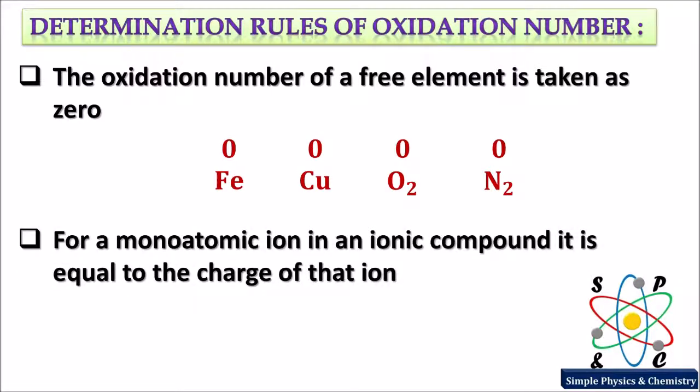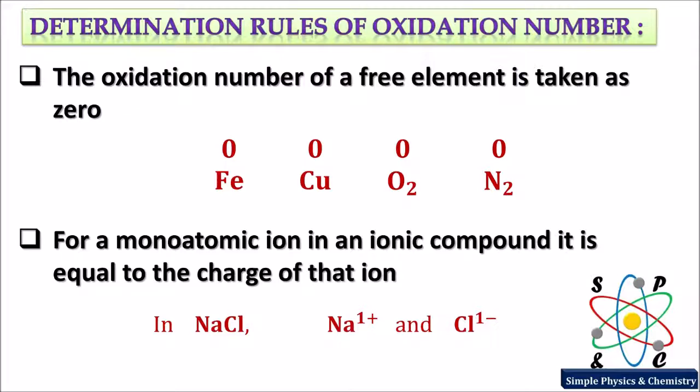Now if you have a monoatomic ion in an ionic compound, the oxidation number is equal to the charge of that ion. Suppose you have NaCl, sodium chloride.